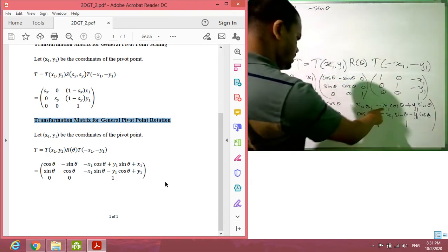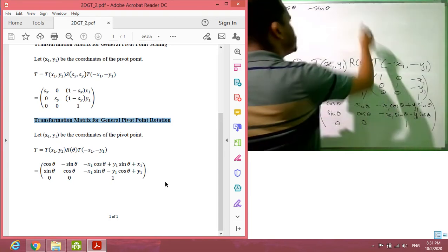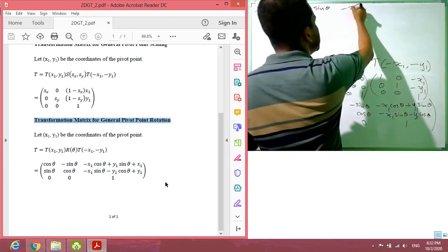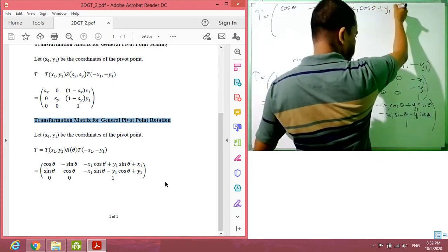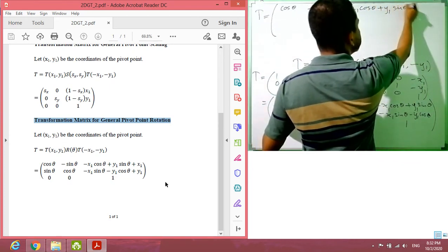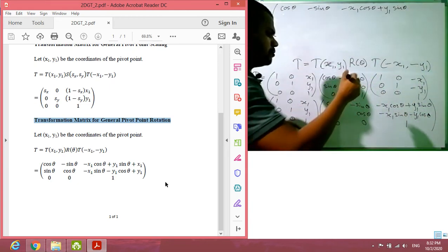Then here we have this one, minus x1 cos theta plus y1 sin theta plus x1.